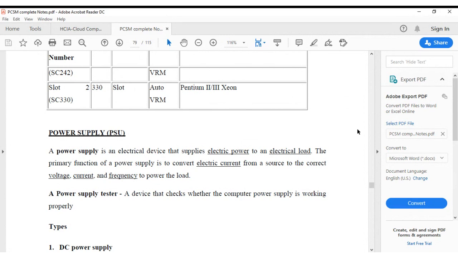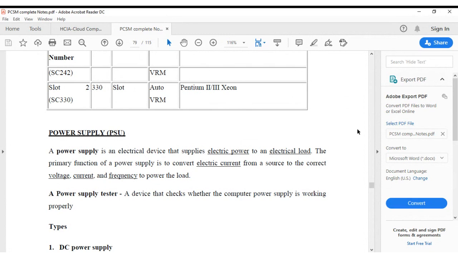Now, power supply is part of the internal hardware devices. Remember, we talked in the motherboard, we have the power supply, we have the memory, we have the graphic cards, we have the sound cards, we have the hard disk, we have the DVD and CD-ROMs. All those are attached inside the power supply.